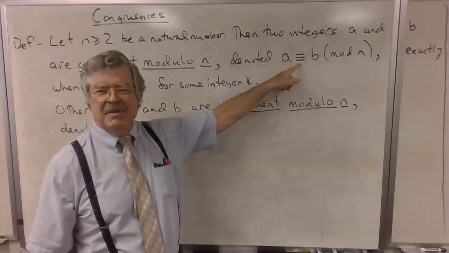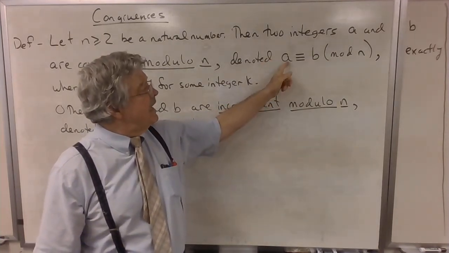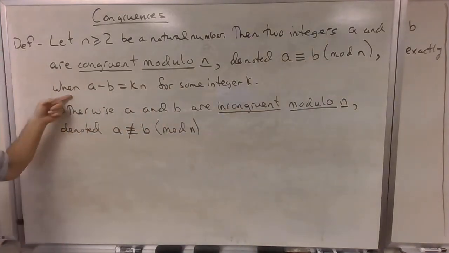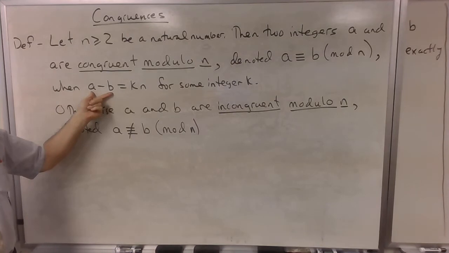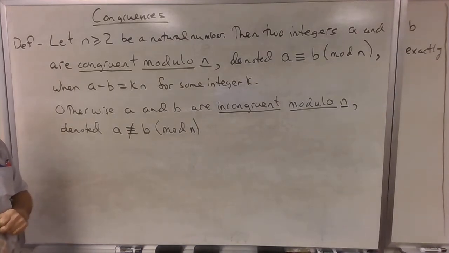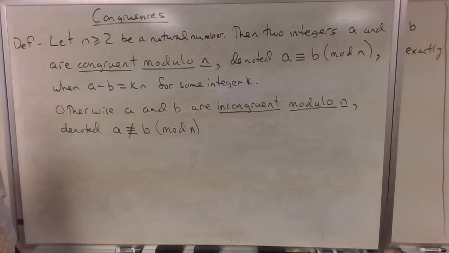It's like an equal sign, but with 3 bars instead of 2. A is congruent to B modulo n exactly when the difference of A and B is a whole number multiple of n, or A minus B equals kn for some integer k.